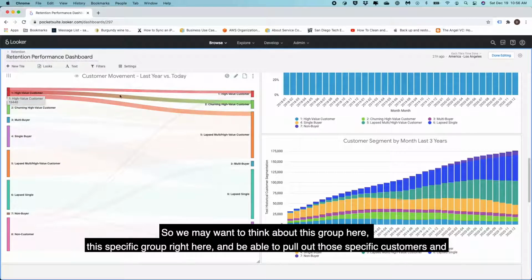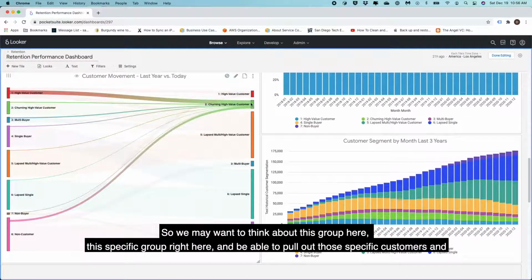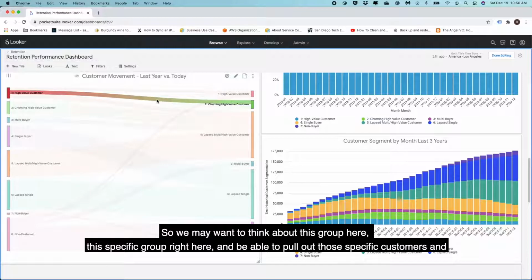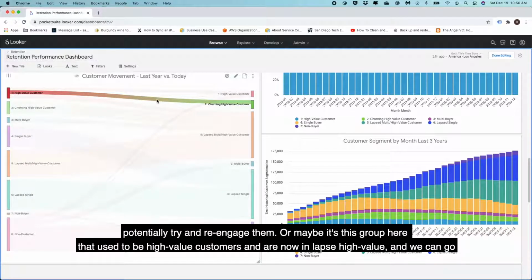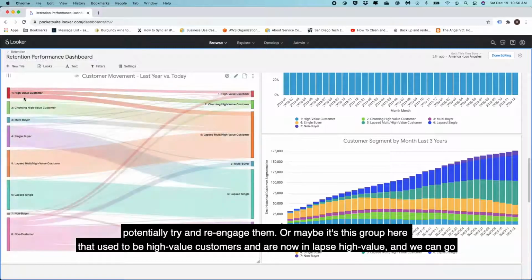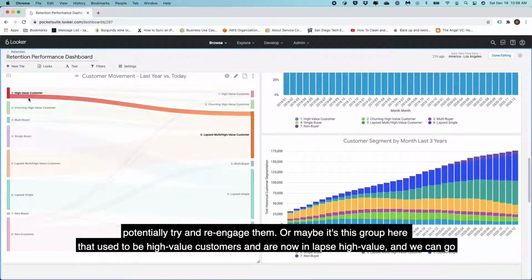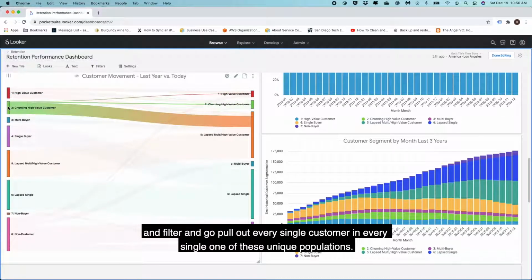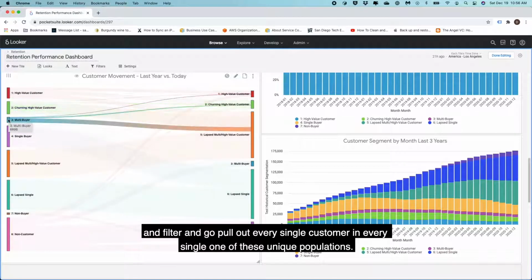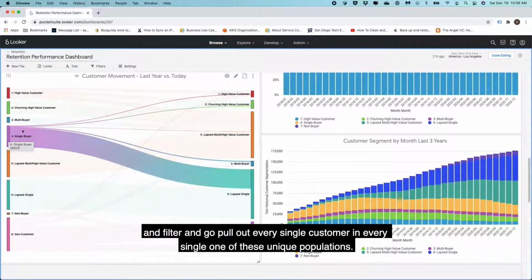So we may want to think about this group here, this specific group right here, and be able to pull out those specific customers and potentially try and re-engage them. Or maybe it's this group here that used to be high value customers are now in lapsed high values. And we can go and filter and go pull out every single customer in every single one of these unique populations.